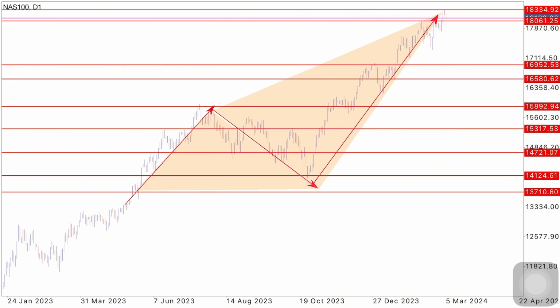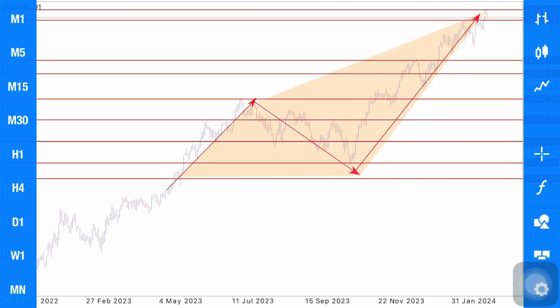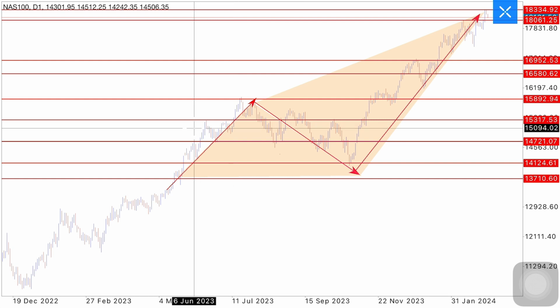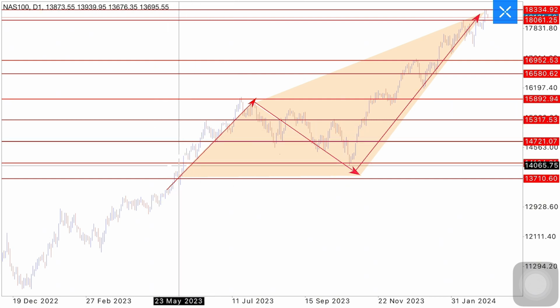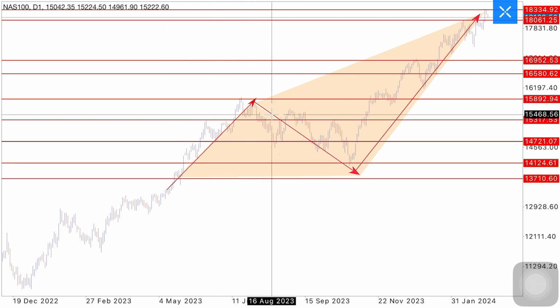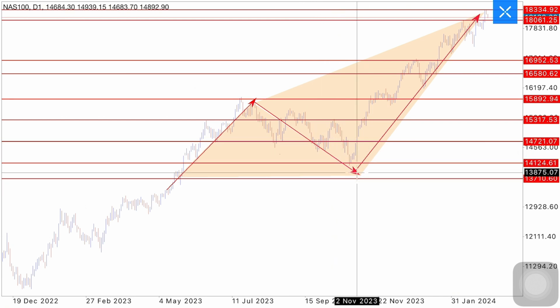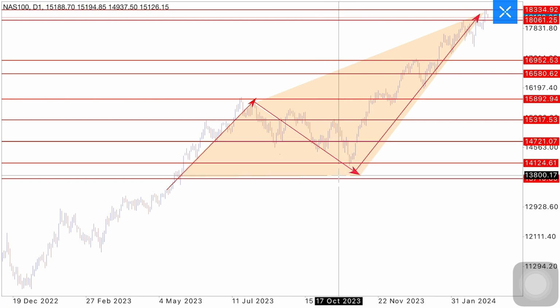Seeing this, we have two major levels. The first major level is this one here, and then going to the upside and coming to the downside, presenting to us a second major level before continuing to the upside.